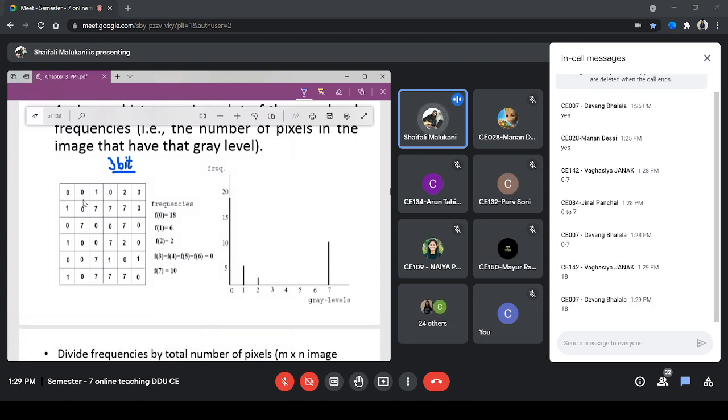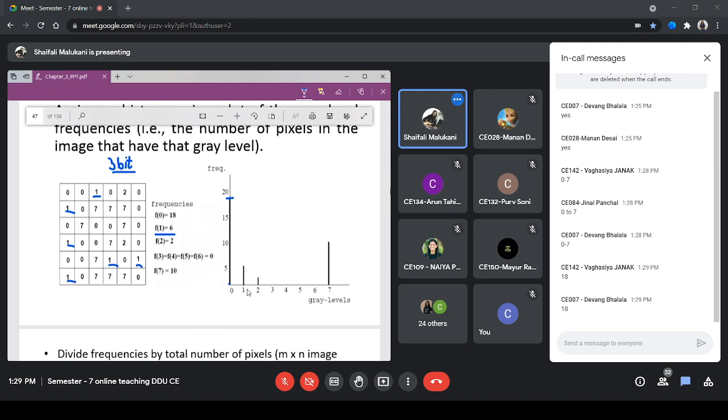Yes, it is 18 times that 0 occurs. So at 0, I have 18 occurrences, right? Then how many times does 1 occur? That will be 6 times, 1, 2, 3, 4, 5, and 6. If you observe, there are no more ones.